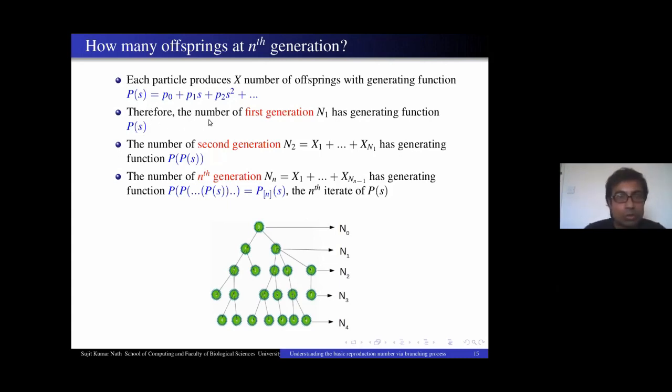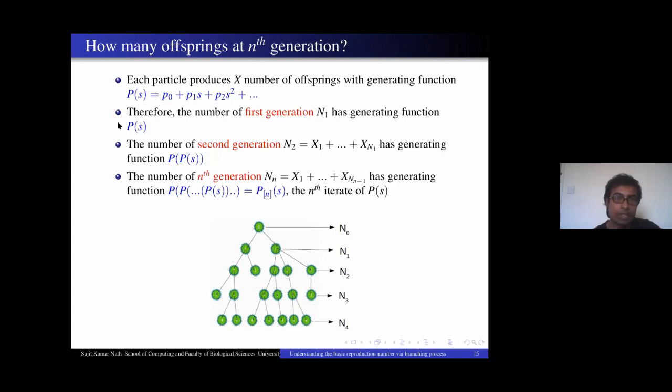So the number of offsprings after just the first generation will have the same generating function P(s), because at the 0th generation I am assuming that it starts with only one particle. So one particle gives rise to a few offsprings, and that is distributed as X. That number is X, and the corresponding generating function is P(s). So for the first generation progenies, the generating function will be the same, right?